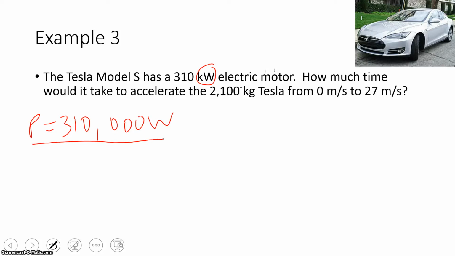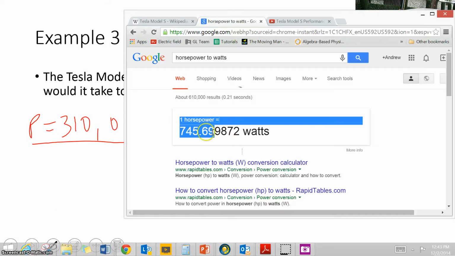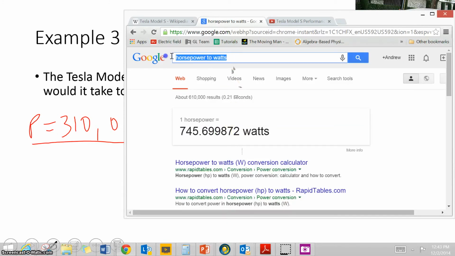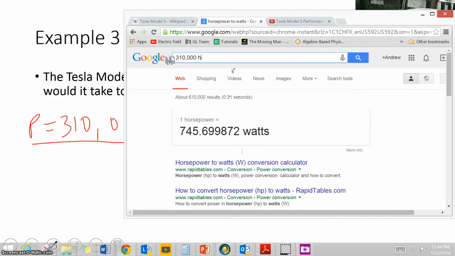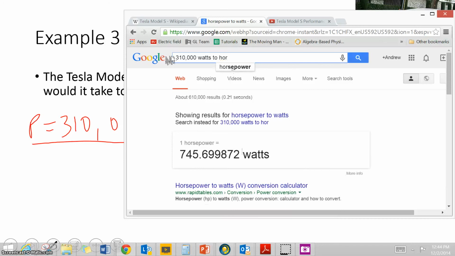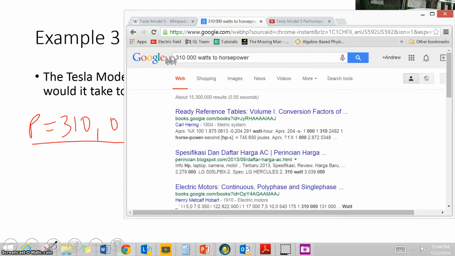How many horsepower is that? You could calculate it, so let's go ahead and do it. 310,000 watts to horsepower. Come on, Google.